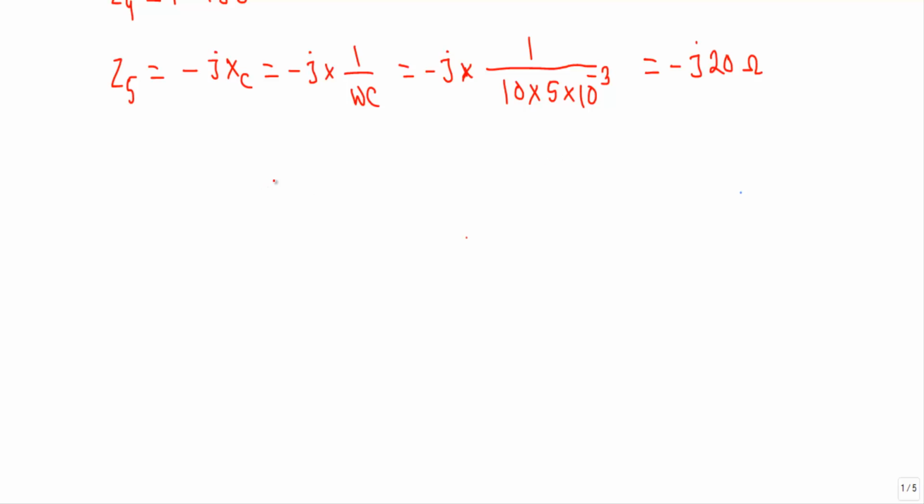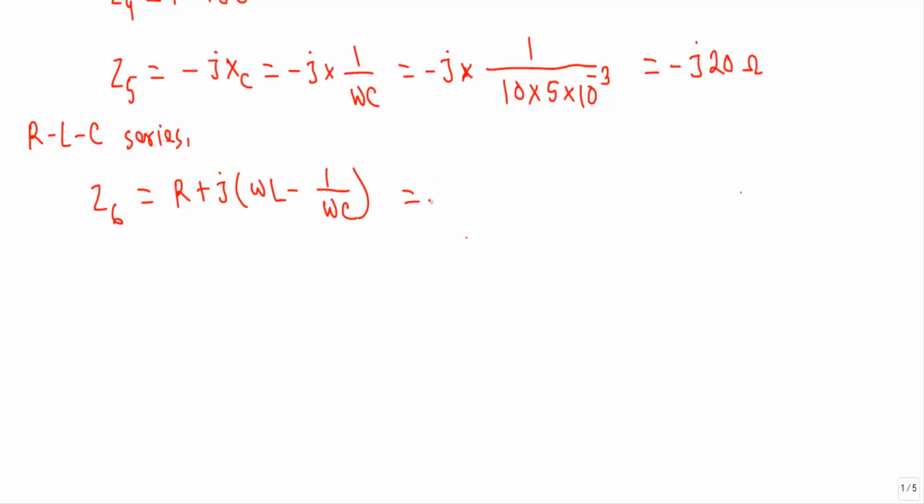Whenever we have a branch in which R, L and C are in series, we calculate the total impedance of that branch using this formula: R plus j(XL or omega L minus XC or 1 by omega C).